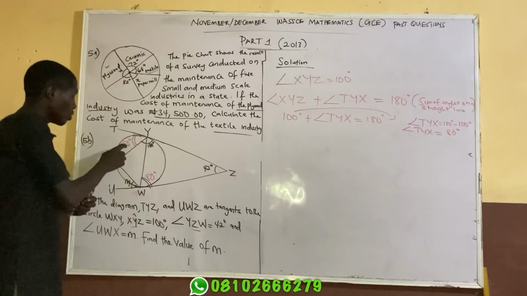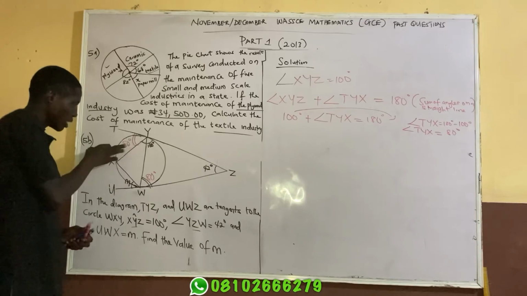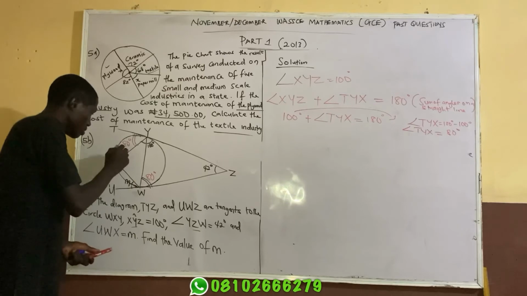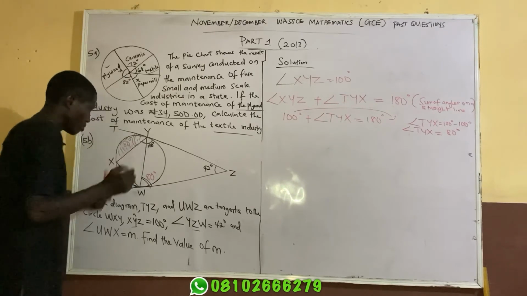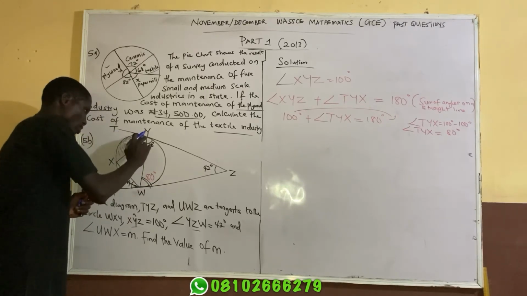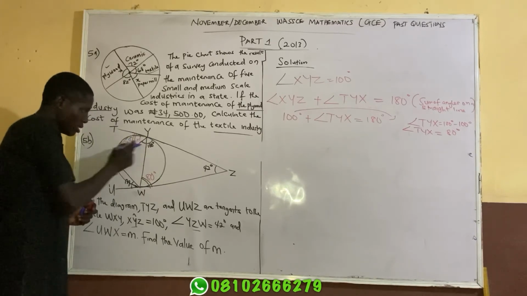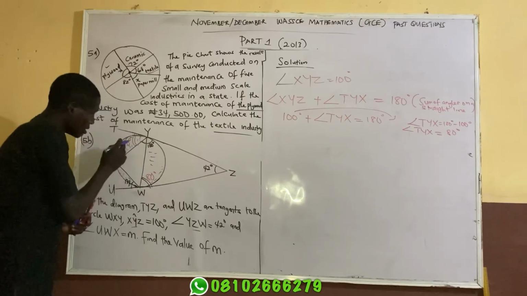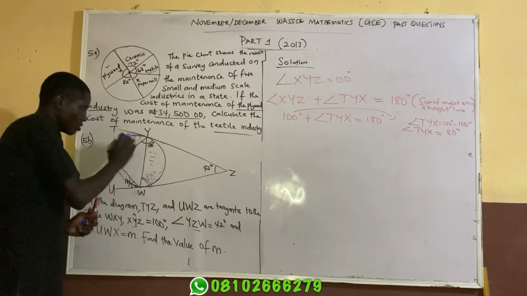This is a segment. The segment is made up of a chord and an arc, which is this. This is the arc and a chord. This is also a segment, another segment. Because this angle is in the alternate segment to this one, they are alternate.